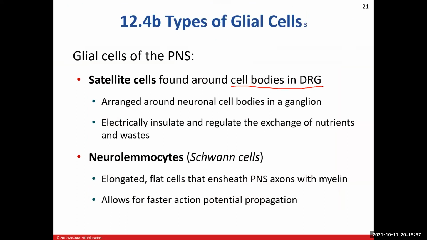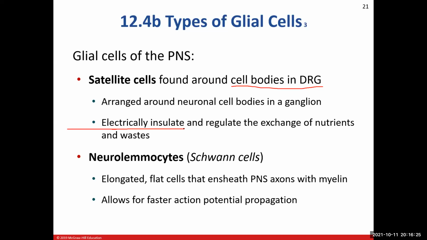Again, being a glial cell, they're a support cell. So they're going to help with the movement of nutrients and wastes, but also they will electrically insulate those cell bodies in the ganglion. I'll show you a picture in a second of how these satellite cells just surround the actual cell body. And by doing so, they help to insulate it.